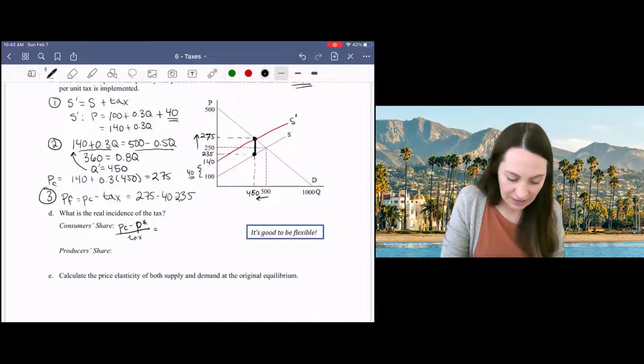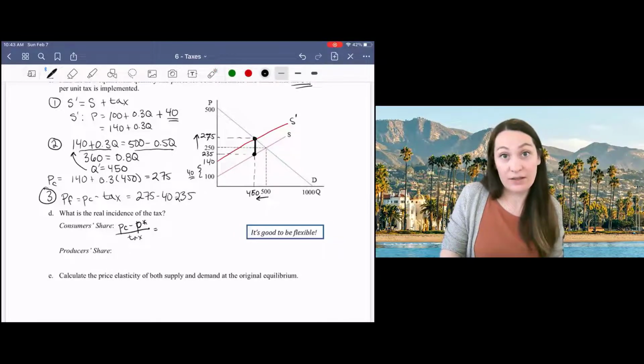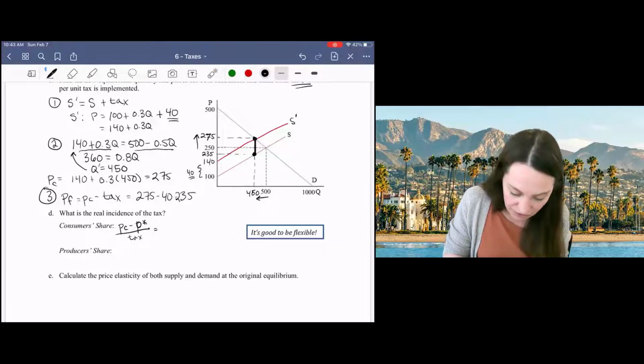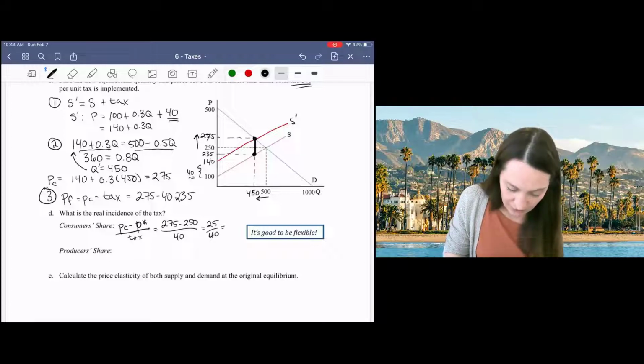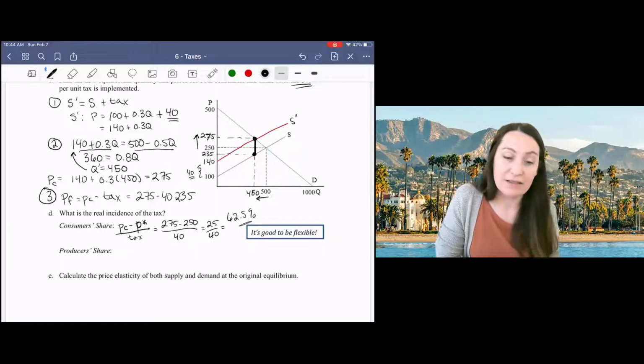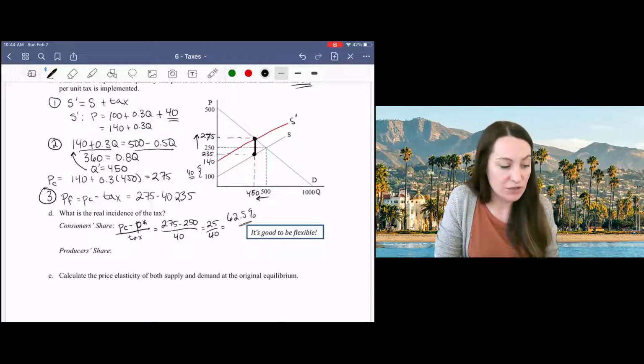So you can see that of the $40 tax, consumers are paying $25 of those dollars, which is a little less than 2/3 of the tax, 62%.